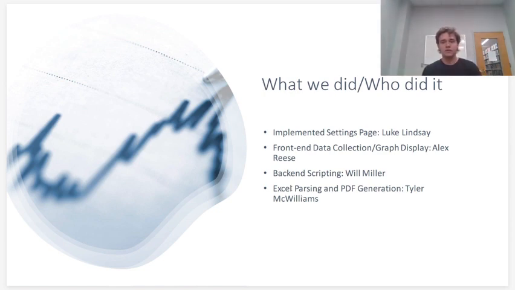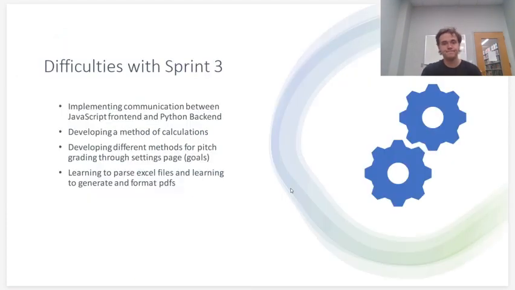Like Luke was just saying, the settings page was mainly him in terms of the front end, and I did a lot of the back-end scripting to make that work. For the front end data collection and graph display, Alex covered most of that, and then Tyler went in and finished the Excel parsing as well as the PDF generation.